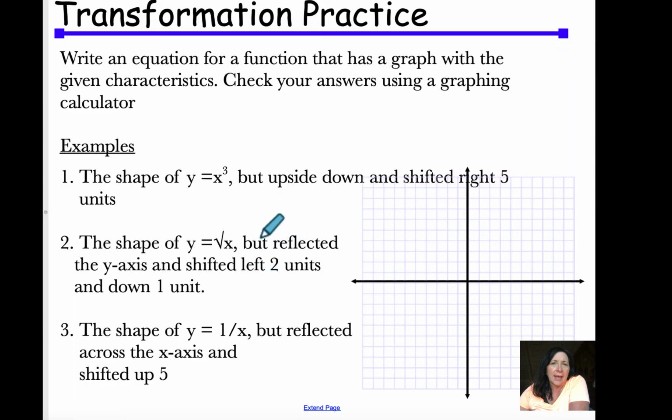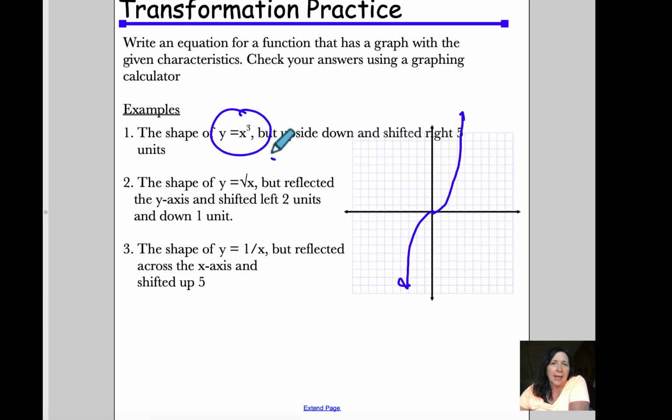So just a couple of things. We're going to start with a cubic, and this one is going to look something like this. And so for this cubic, now it's the shape y equals x cubed upside down. So I'm assuming that's reflected across the x-axis if it's upside down.